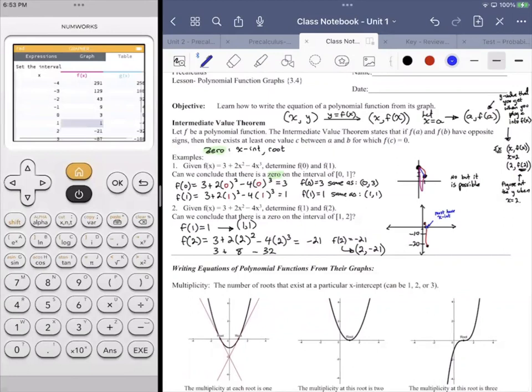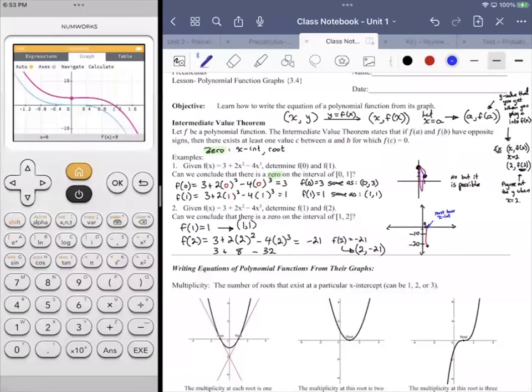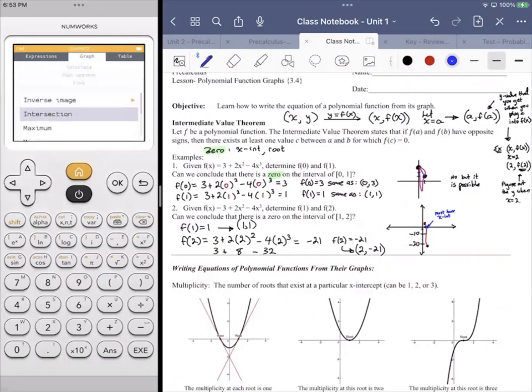I can give you a quick demonstration using the same function, so nothing too crazy. Let's say I'm going to calculate the zeros for this.